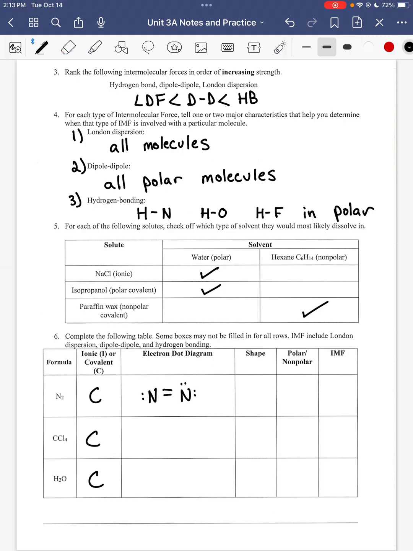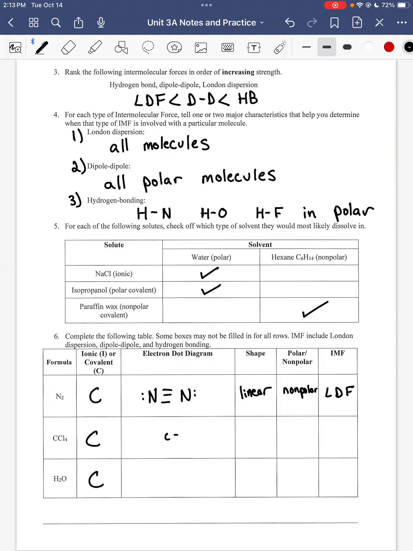I'll erase one lone pair, turn it into a bonding pair. Everybody's still not happy, so I will erase another lone pair, turn it into another bonding pair. Now everyone is happy. This creates a linear molecule. This is a nonpolar molecule because it is symmetrical on both sides, and that means it has London dispersion forces.